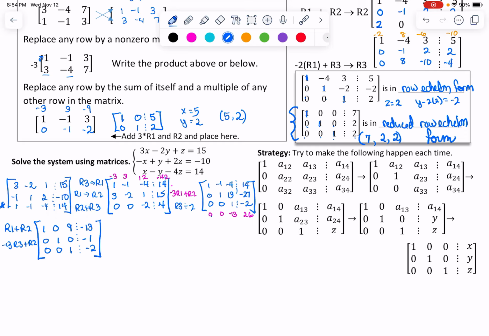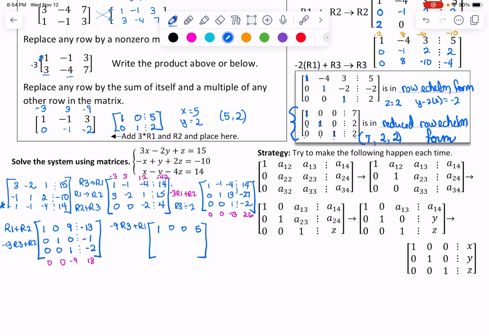So negative 9 times row 3 added to row 1 is going to get us a 0, 0, negative 9, and a positive 18 added to our top row. 1 plus 0 is 1, 0 plus 0 is 0, 9 and negative 9 is 0, and a negative 13 and 18 is a 5.